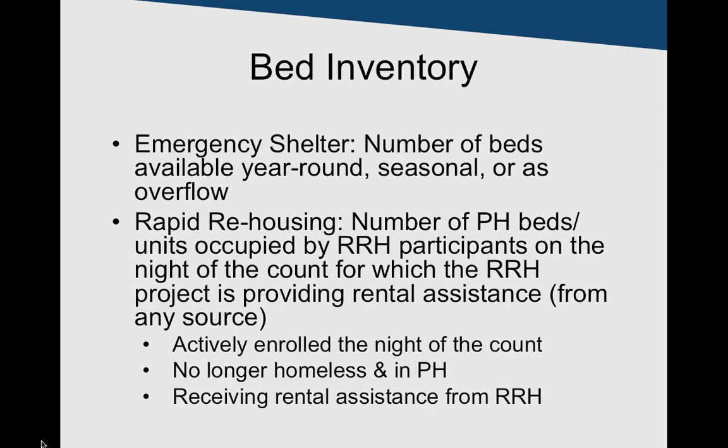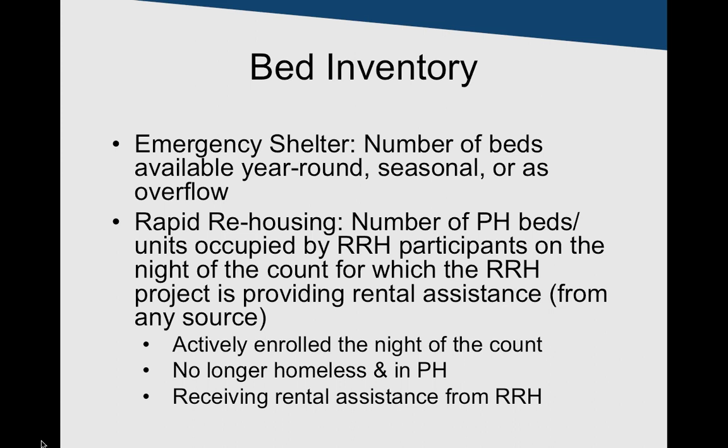For shelter projects, CoCs must identify the number of beds that are available year-round, on a seasonal basis, or on an overflow basis. For rapid rehousing projects, on any given night a rapid rehousing project will have a different number of people residing in it.